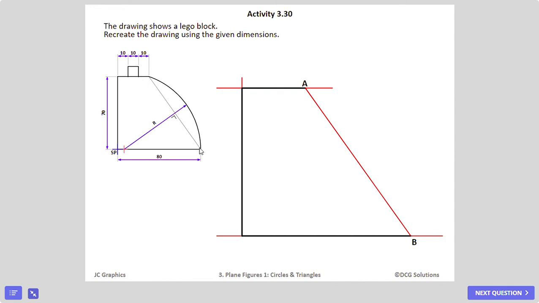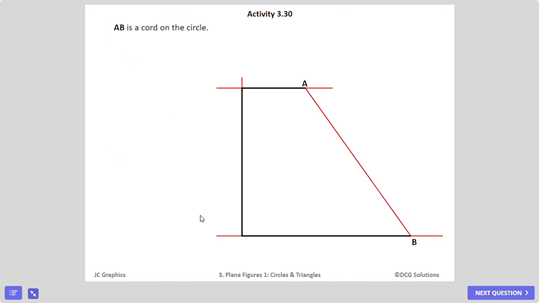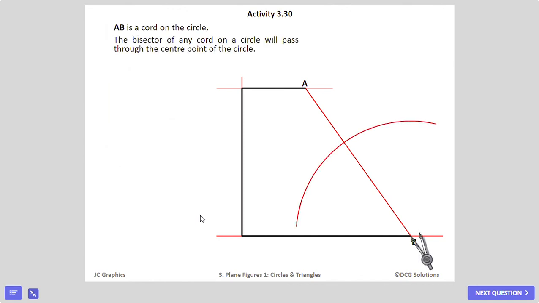So just like the previous examples, we're going to bisect this chord here, joining A to B. So we take a distance greater than halfway once again, and swing from both A and B. Where our centre line hits our base, that's going to be the centre of our arc that we're going to stretch our compass out to A for.